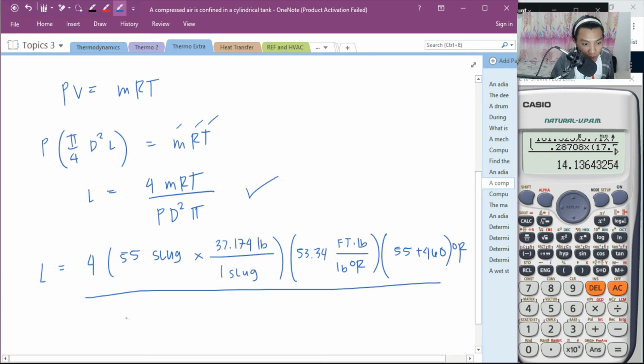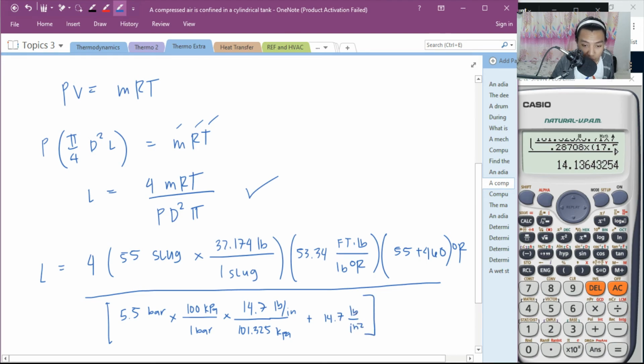The pressure is 5.5 bar. Convert it to kPa: 100 kPa per 1 bar, multiplied by 101.325 kPa to 14.7 pound per inch squared. Since this is gauge, add 14.7 pound per inch squared.